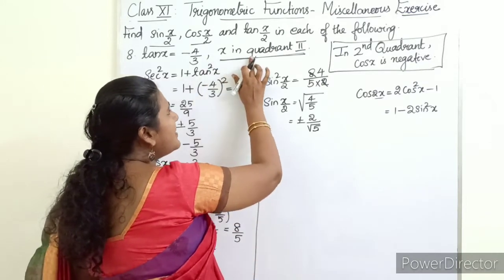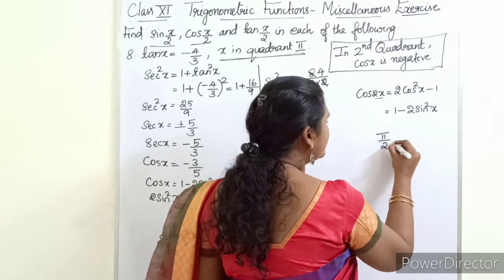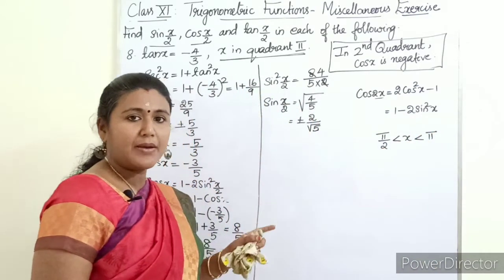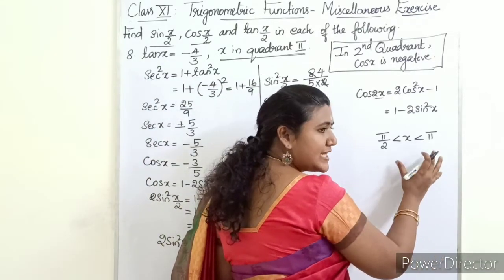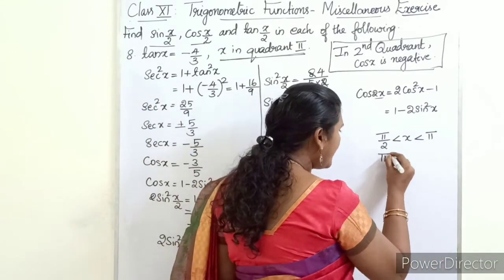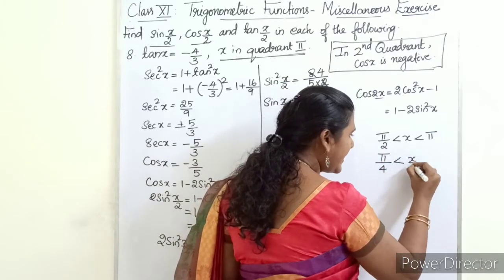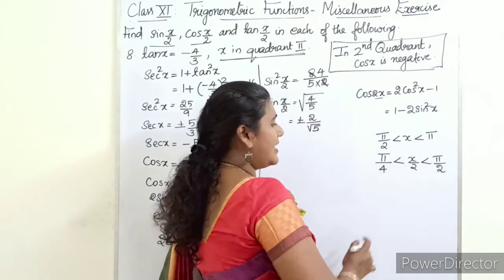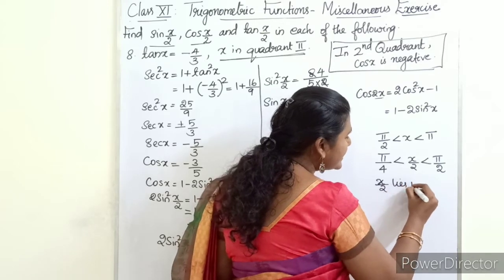Here it is given that x is in the second quadrant, that is x lies between pi by 2 and pi. Now we will divide this inequality throughout by 2. So pi by 4 is less than x by 2, which is less than pi by 2. Now if you see, x by 2 lies in the first quadrant.